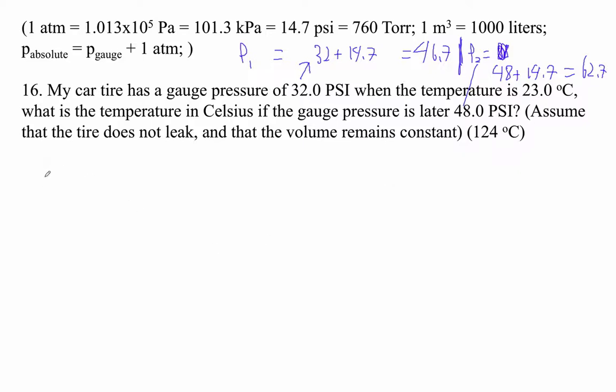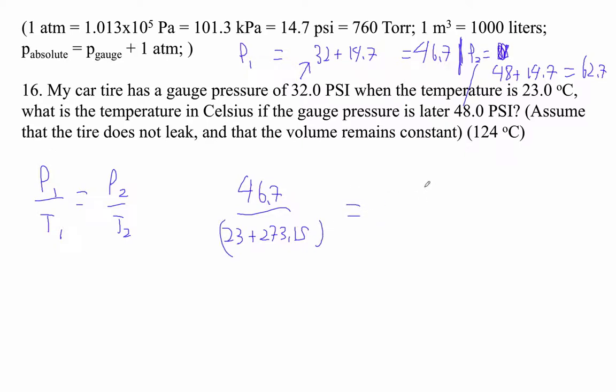Right? And then this is going to be P1 over T1 equals P2 over T2. Because the volume stays constant, the V on top cancels out, and it doesn't leak, so N stays constant. Okay, so P1 is 46.7. T1 is 23 plus 273.15.